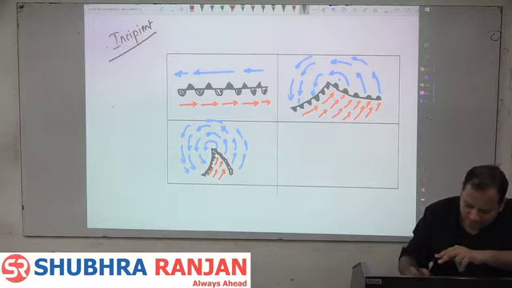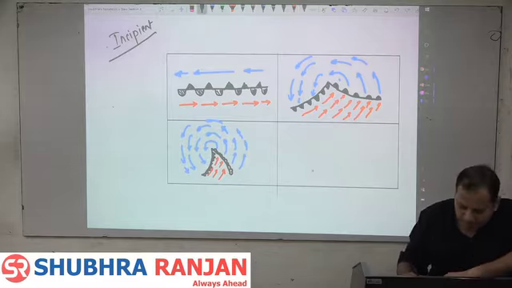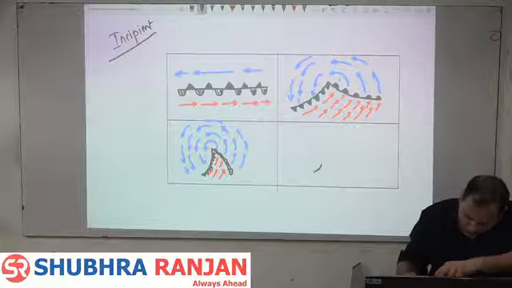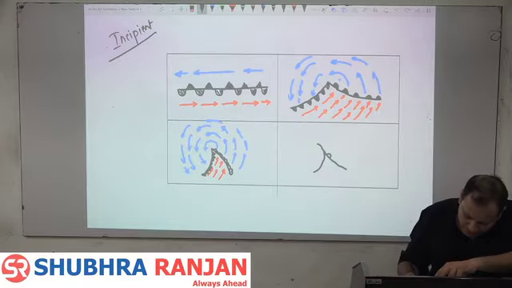The process is again repeated. The process will keep on repeating from the formation of the stationary front. Understanding? And you can draw the diagrams.